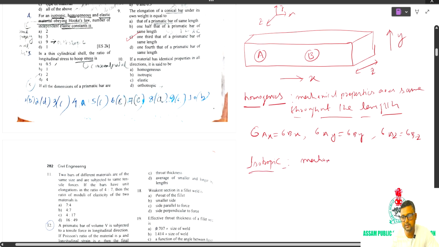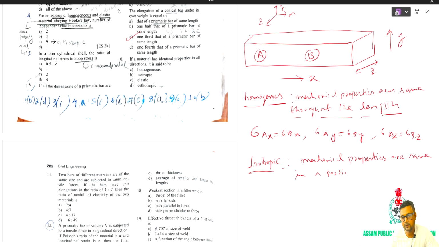Now, what is isotropic? Mechanical properties are the same at a particular point along all the directions.